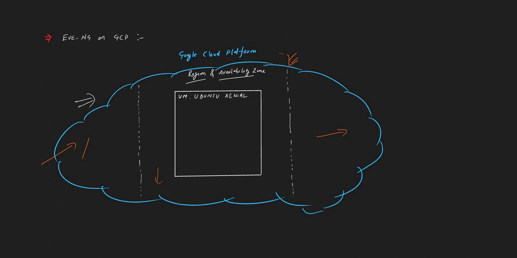But when you run a virtual machine inside Google Cloud Platform, you need to select the region and availability zone. Right now, I am in India, in Bangalore, so I am going to select a South Asia region, and then any availability zone inside that.